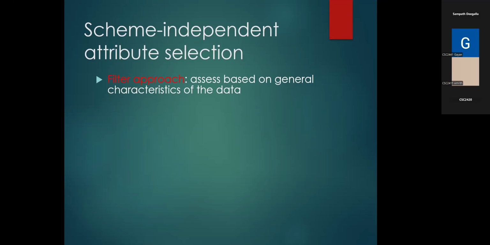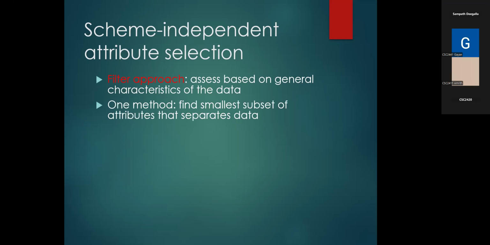For example, we can use a measure like information gain, gain ratio or Gini, the measurements that we have discussed in decision trees, and that will be independent of a particular algorithm. So you can use some measurement and rank the features, and using the ranking, you can select what are the attributes that you are going to use for a machine learning model. So this is what we call a filter approach.